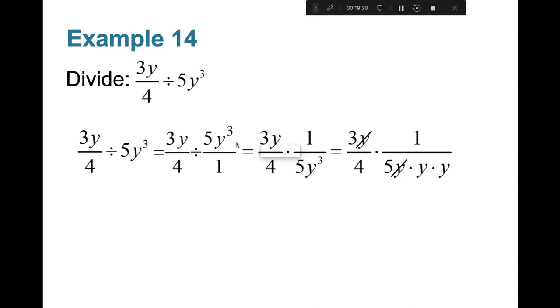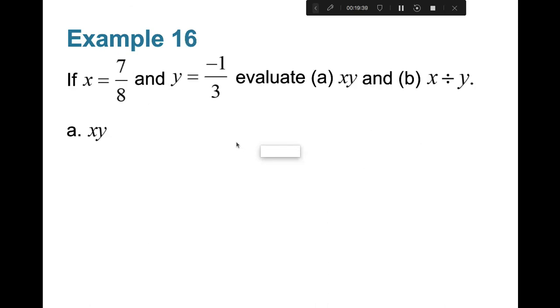Just a 3. 3 times 1 is 3. So even though there's letters in there, it's still just as simple as cross-canceling and multiplying straight across.